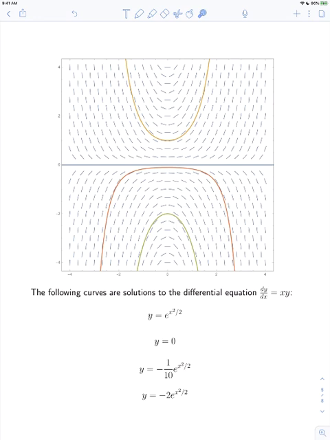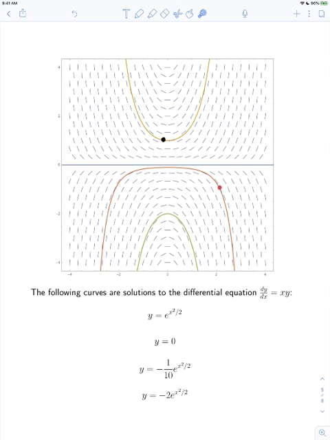So if we were to pick a point, say this point right here, there is a solution that passes through that point. And we can look at the coordinates of that point and plug them into the differential equation, x times y, and that will give us the slope of the tangent line at that point. But if we choose a different point, we'll find a different slope of a different tangent line, but it might be on a different solution.